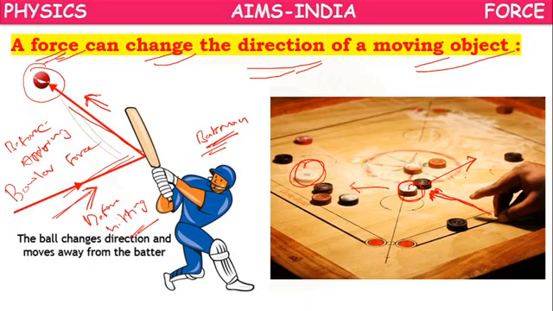But after hitting, because of the interaction of the striker and coin, the striker may go this side, the coin may go this side. So the direction of the striker and coin both change because of the force.